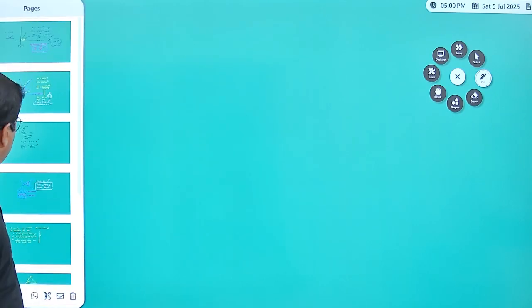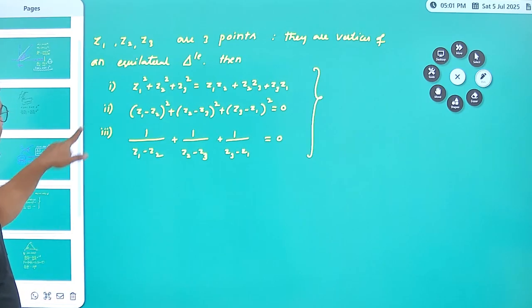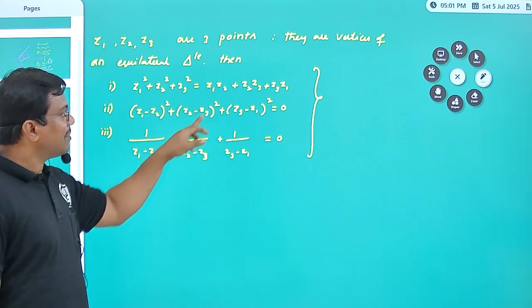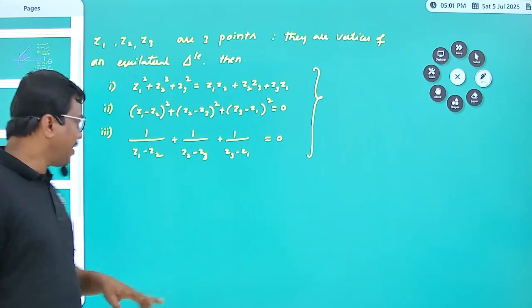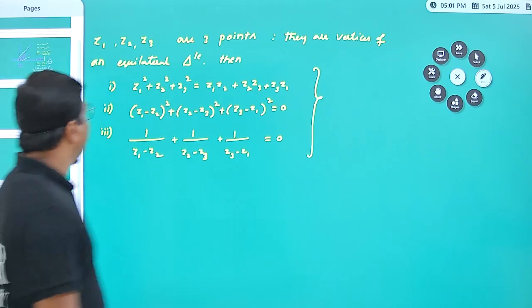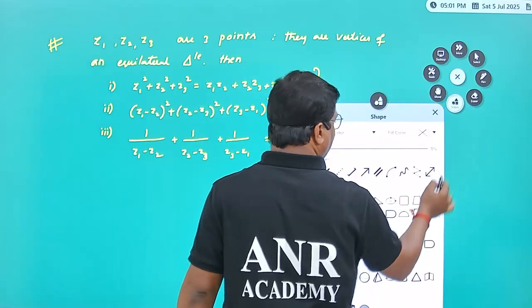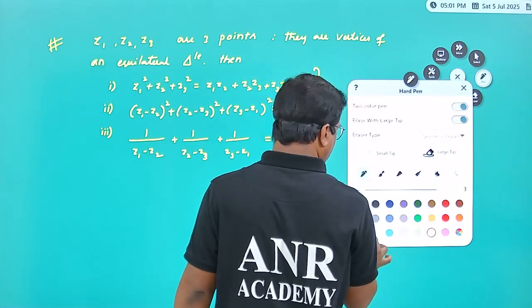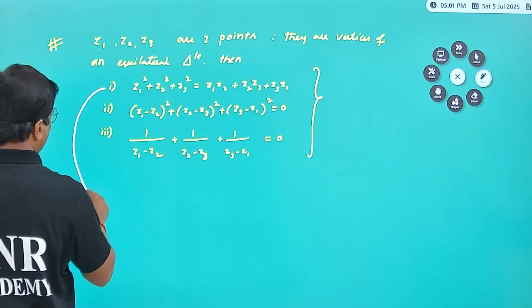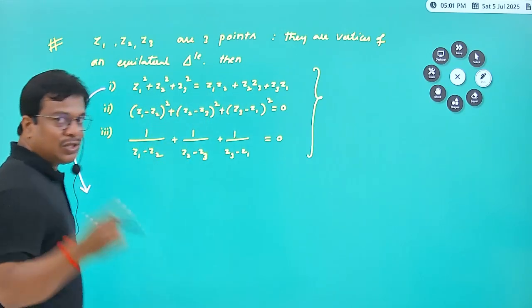Here the second result, you have (z1 minus z2) whole square plus (z2 minus z3) whole square plus (z3 minus z1) whole square you have. What I am doing, observe, very simple. With the help of first result, just multiply 2 on both the sides.